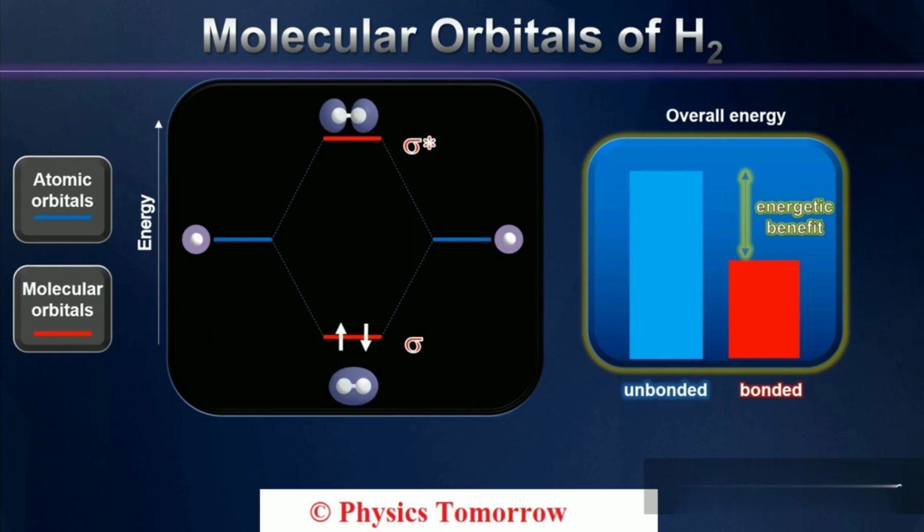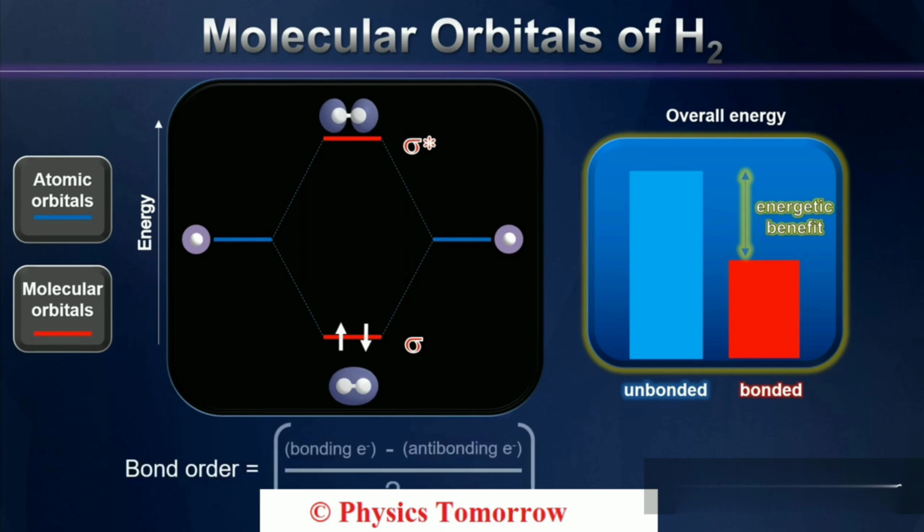But beyond that, we can actually calculate exactly how many bonds will form. We call this the bond order, and it's calculated quite simply, using the number of bonding electrons minus the number of antibonding electrons, divided, of course, by 2, because we know it takes 2 electrons to form a chemical bond.